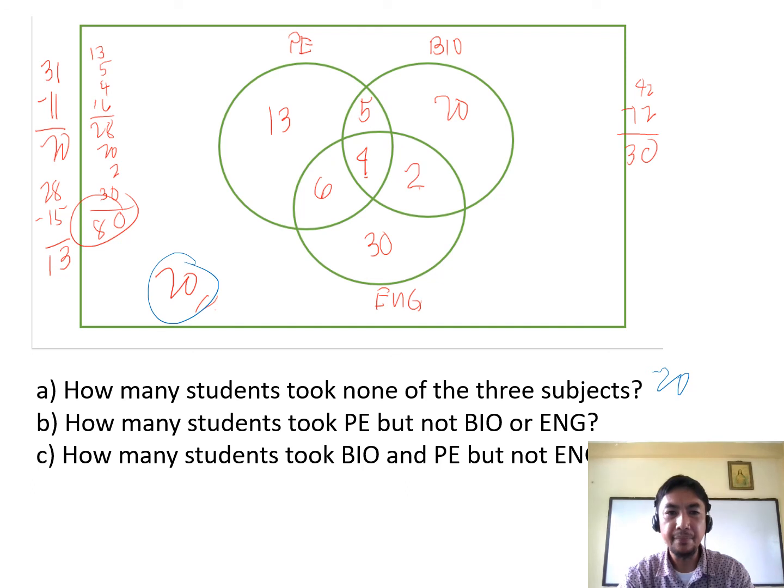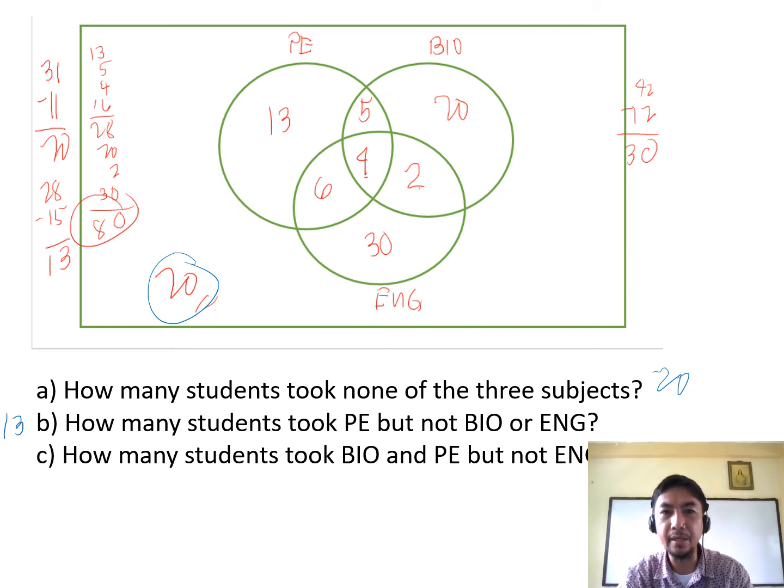Letter B, how many students took PE but not biology or English? So only PE ang ibig sabihin niyan. So that would be 13. Next question, how many students took biology and PE but not English?